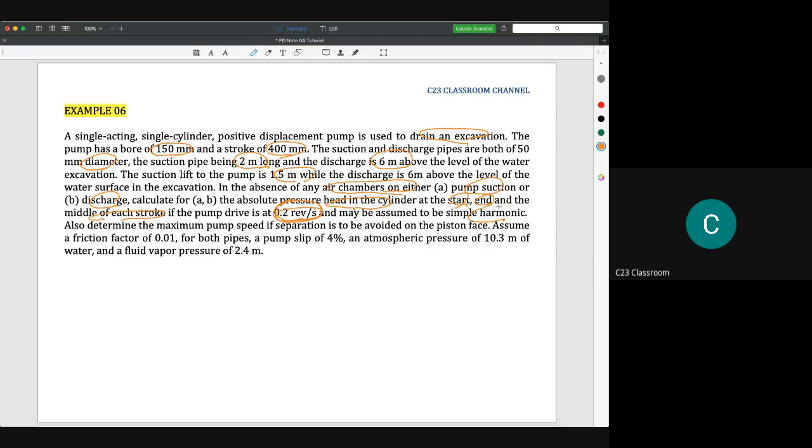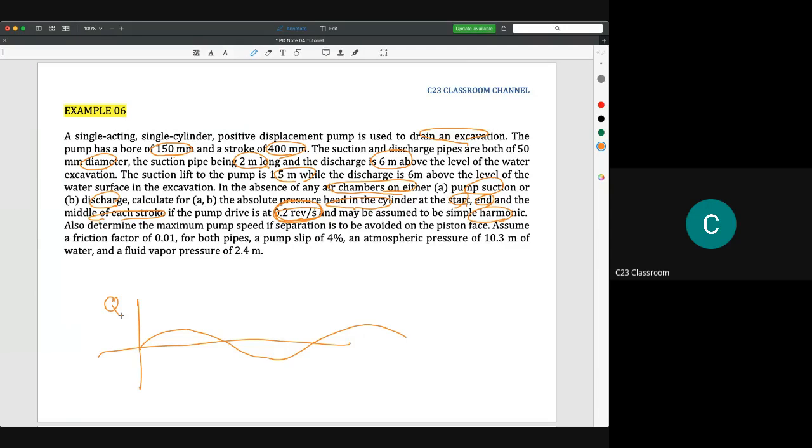Simple harmonic means the piston movement in suction and delivery conditions can be represented in a harmonic graph like that one, or the graph will show as sinusoidal. So what is the graph? At least the graph of flow rate.